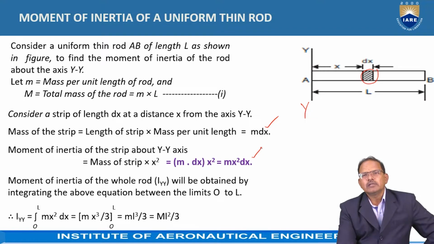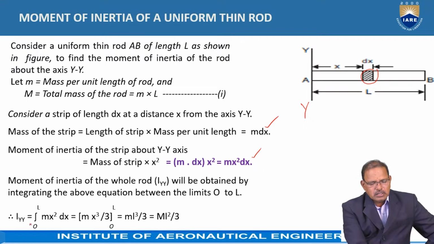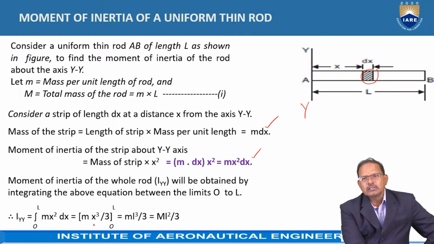The moment of inertia of the whole body, the entire thin rod, about the y-axis is obtained by integrating this equation with limits from 0 to L. That means I_yy is equal to the integral from 0 to L of m x square dx, which is equal to m, a constant, times the integral of x square dx, which is x cube by 3, with limits 0 to L, equal to m L cube divided by 3.